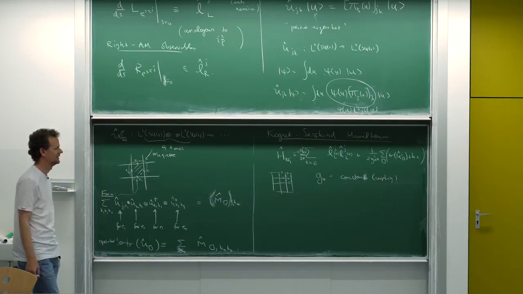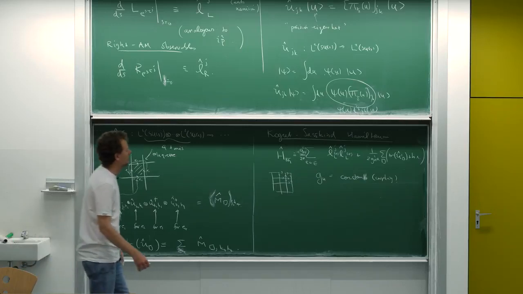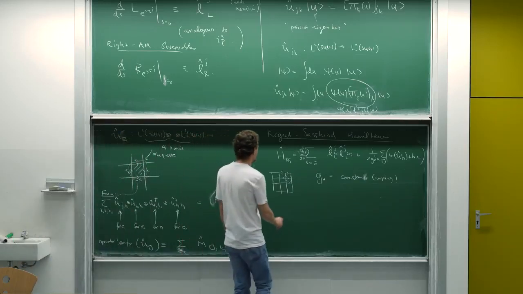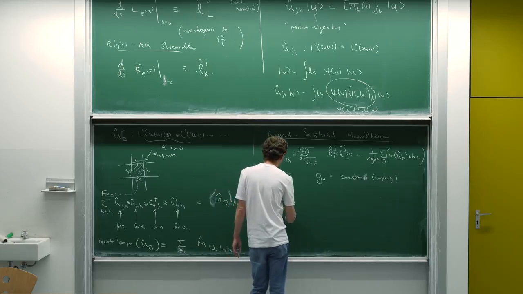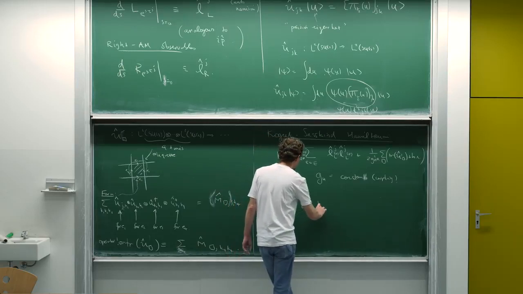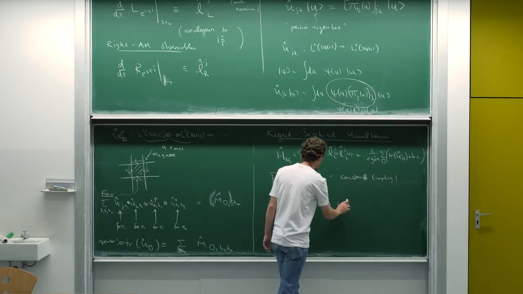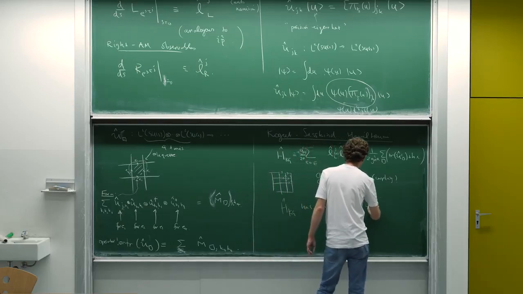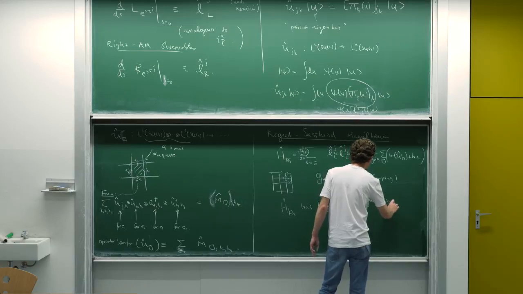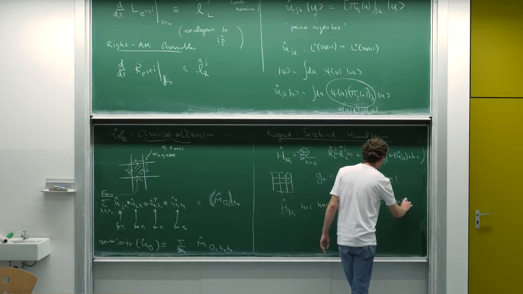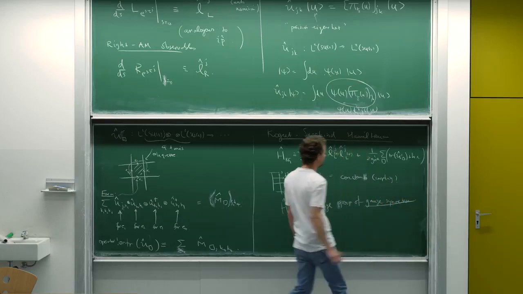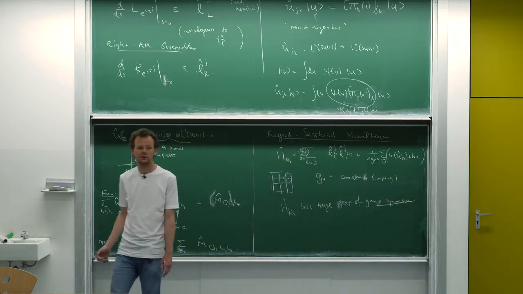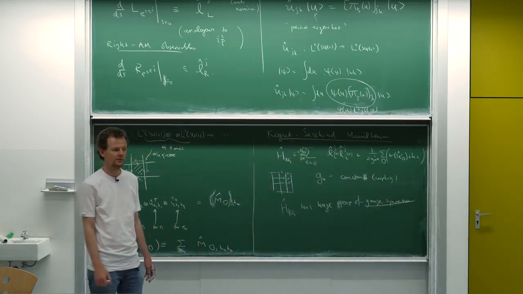And that is our microscopic model for gauge theory on a lattice in Hamiltonian picture.